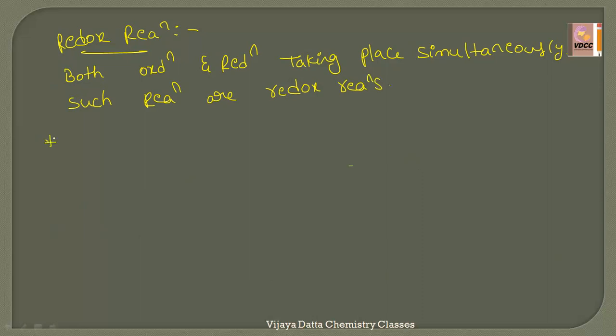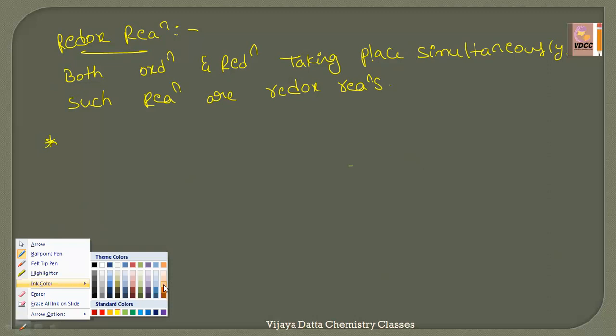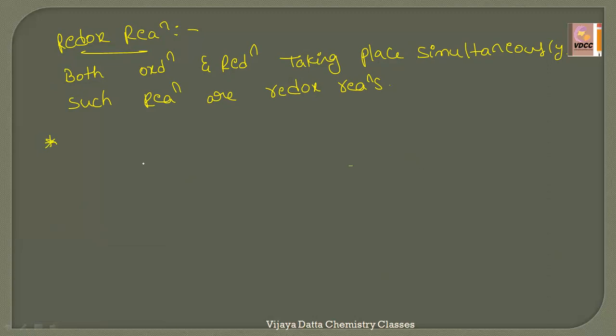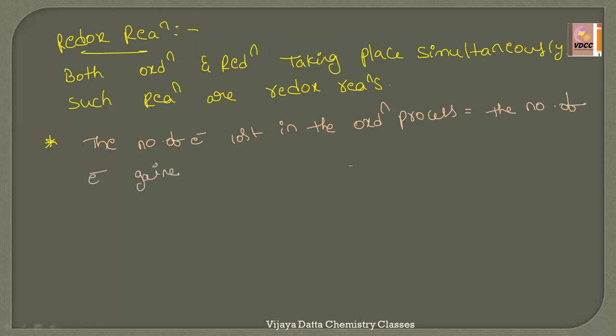And we can go for one more definition based on oxidation state and reduction. Here the number of electrons lost in the oxidation process is equal to the number of electrons gained in the reduction process.